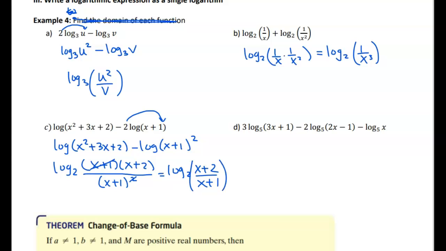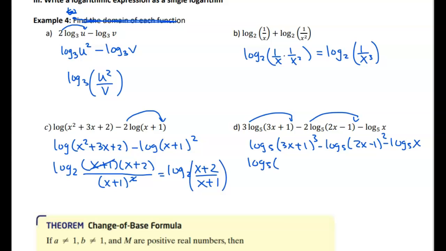Alright, D, look for coefficients and put them on the top. Log base 5 of (3x plus 1) cubed minus log base 5 of (2x minus 1) squared minus log base 5 of x. So we have log base 5 of (3x plus 1) cubed minus log base 5 of (2x minus 1) squared plus log base 5 of x.